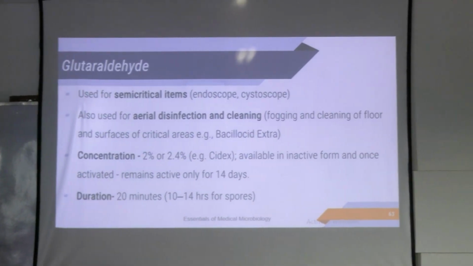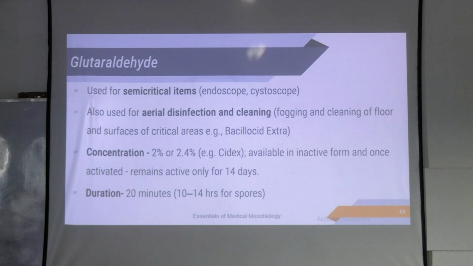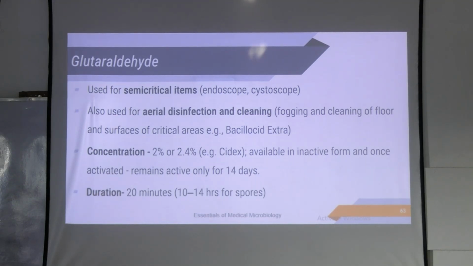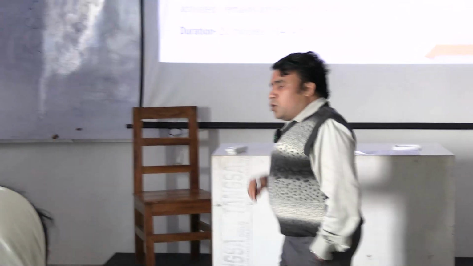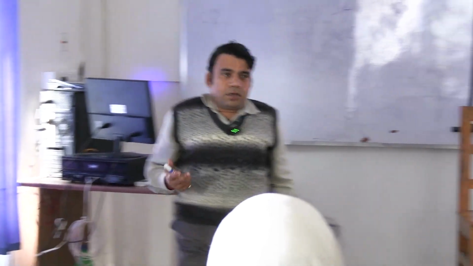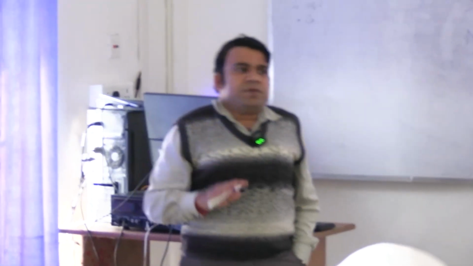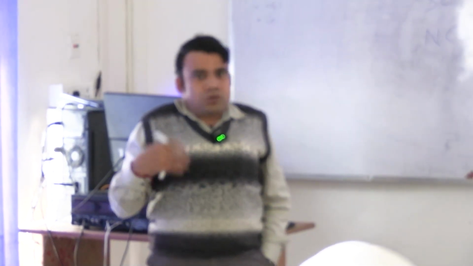For example, suppose a patient is undergoing a colonoscopy. The endoscope is entering into the colon. The colon will have many bacteria, right? The scope need not be sterile because it is also coming in contact with various microorganisms.